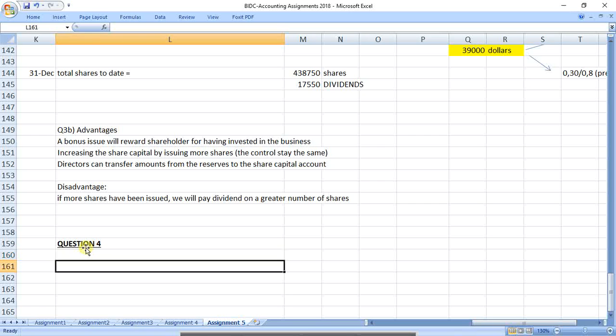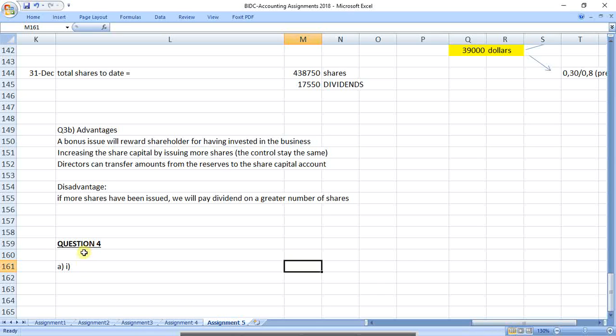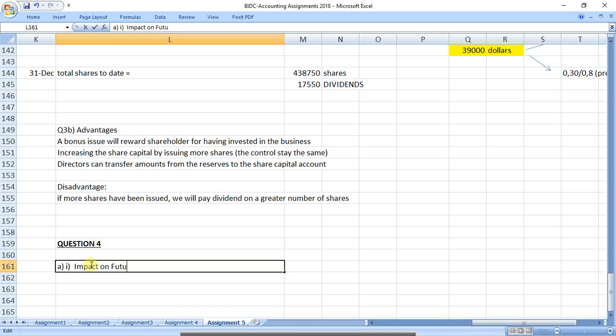So let's look at each of the transactions. Obviously A1 said, discuss the impact of each option on the future profits.